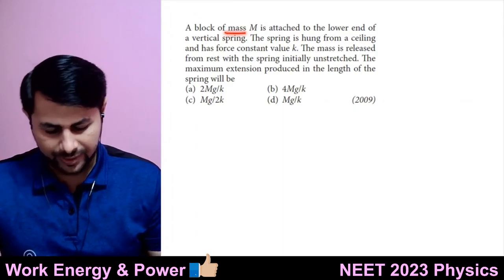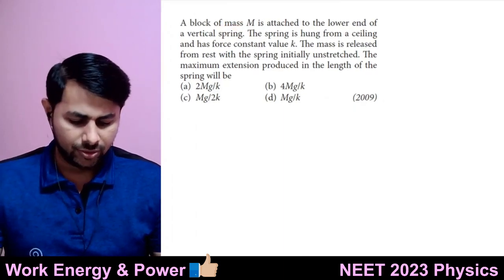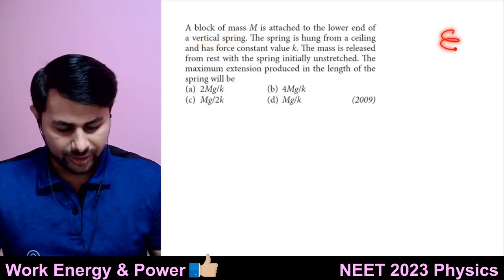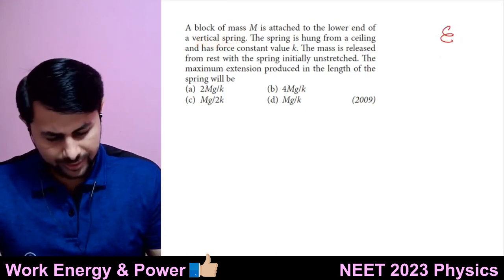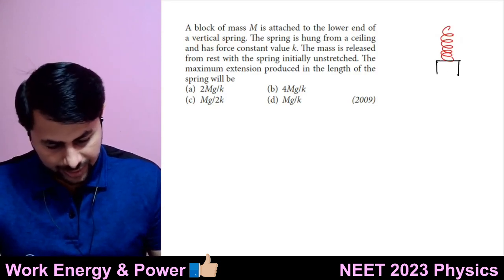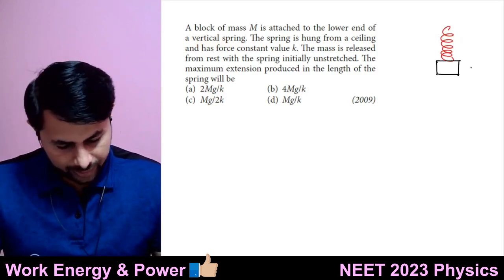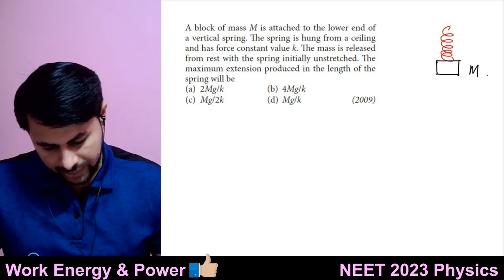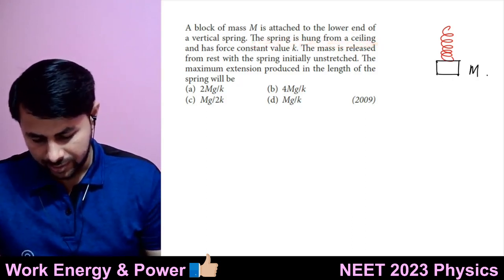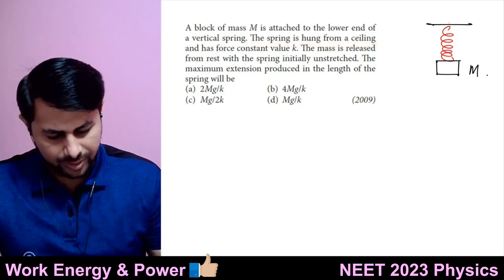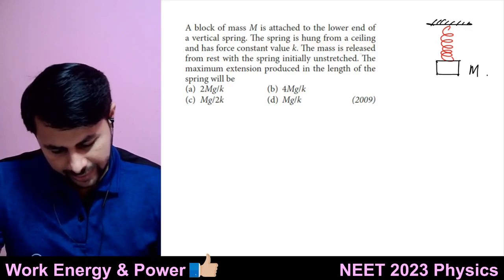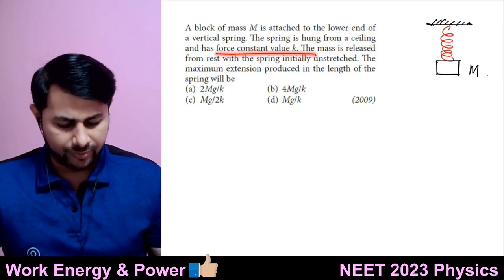A block of mass m is attached to the lower end of a vertical spring. There is a vertical spring like this, and you attach a mass m. The spring is hung from a ceiling, and it has force constant value k.